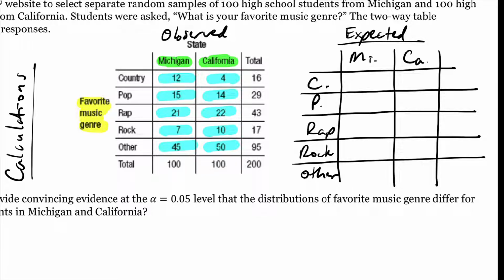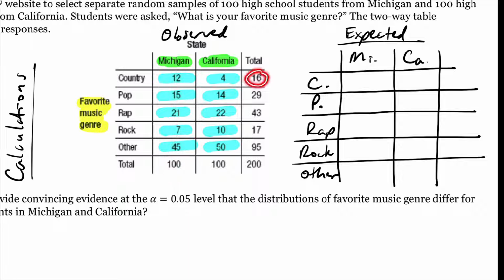Okay. So the first one we want to calculate is country. Let's start with country, Michigan first. So the country row total is 16. The Michigan column total is 100.